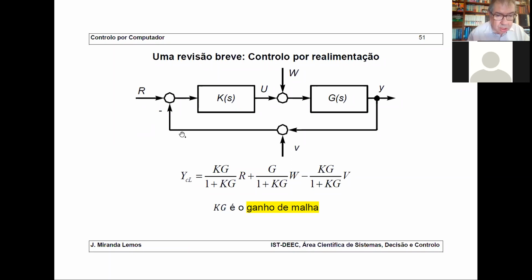So you could change this, delete V from here and add here R minus V, the difference of R and V. So the system is not tracking the reference, but is tracking the difference of the reference and the noise. This means that we should be careful, and sensor noise poses a stringent limitation on the reference.